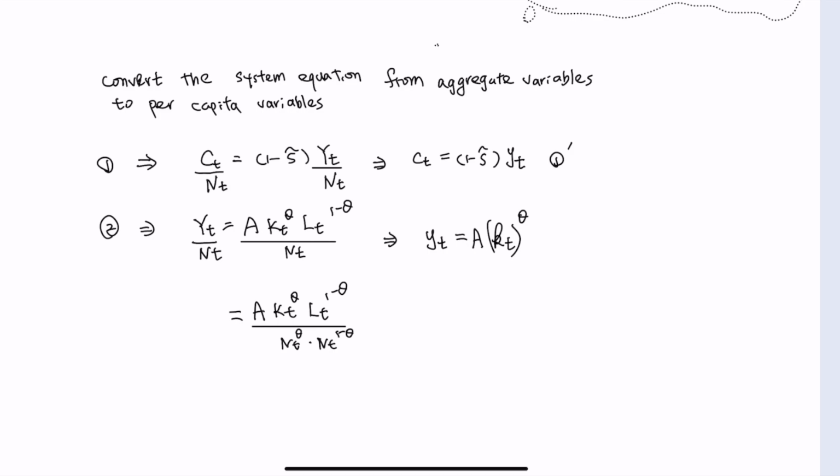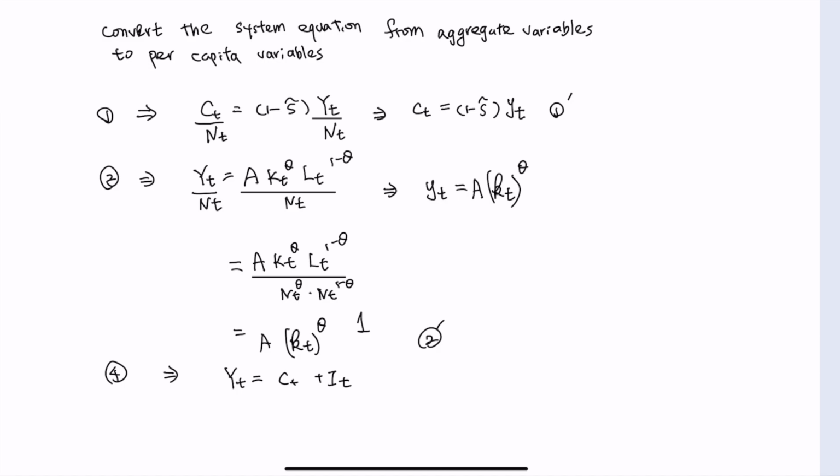So then L_t divided by N_t to the power of 1 minus theta will be cancelled out and becomes 1. So then we can successfully convert the equation into the second new equation. Let's skip the third equation for the time being because it's more complicated, so I'll discuss it later.